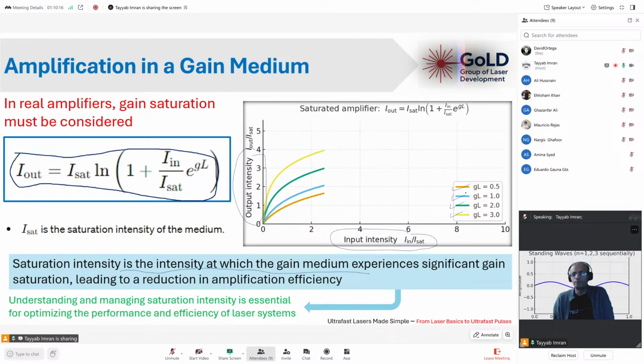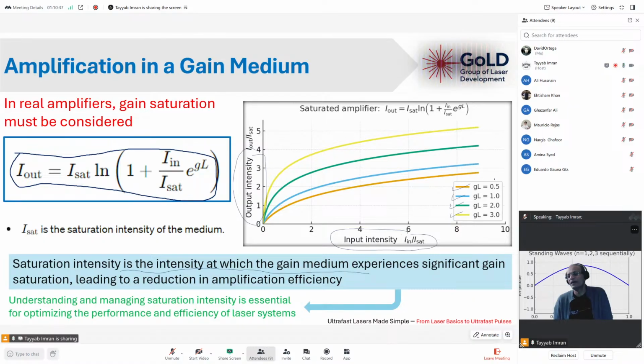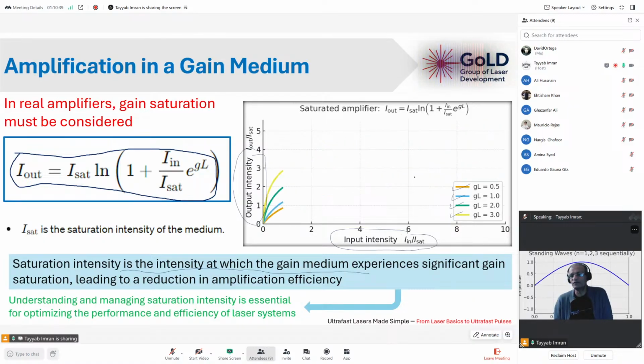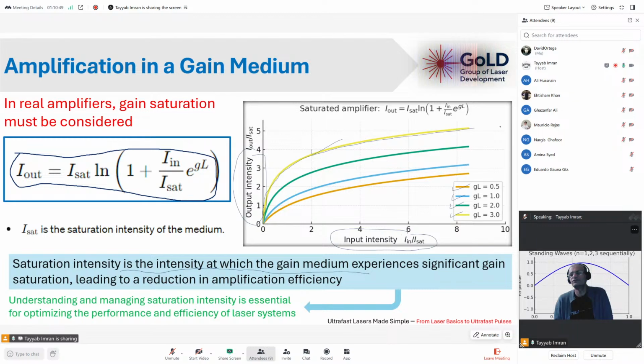So what do you see here? In the case of orange, GL 0.5, there is an increase in the output intensity with the input intensity, but that increase is not that much. If you go further, to the maximum one, the yellow one, you can see a significant increase in the intensity.